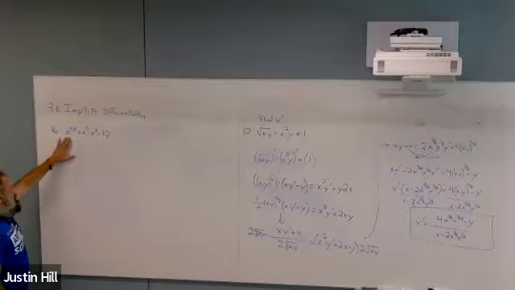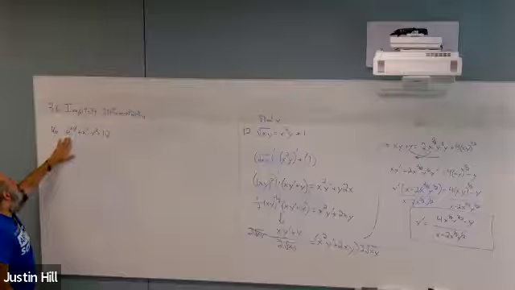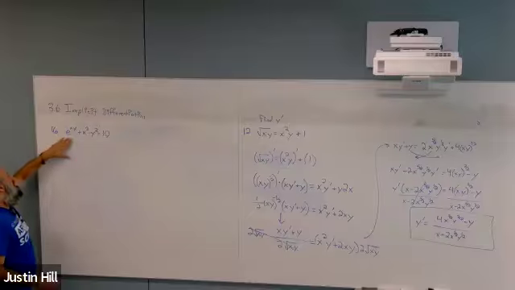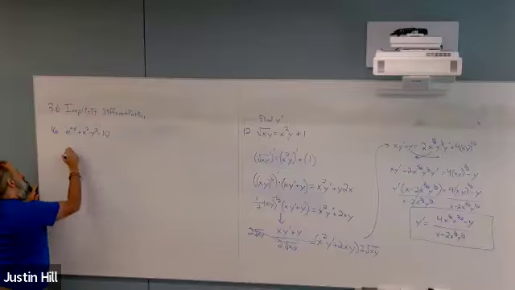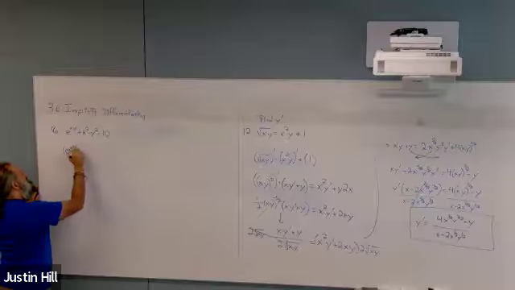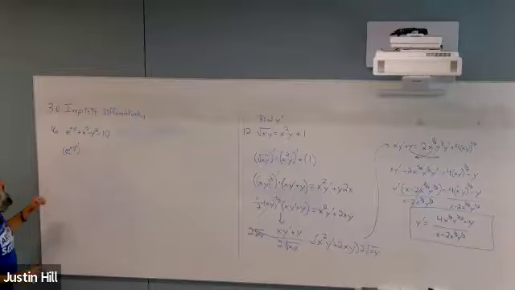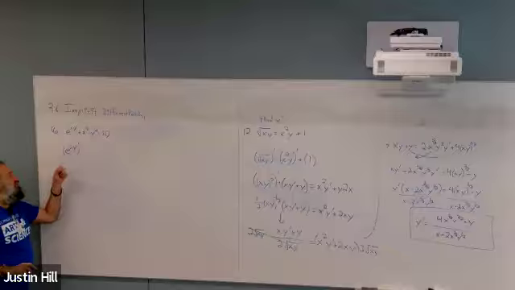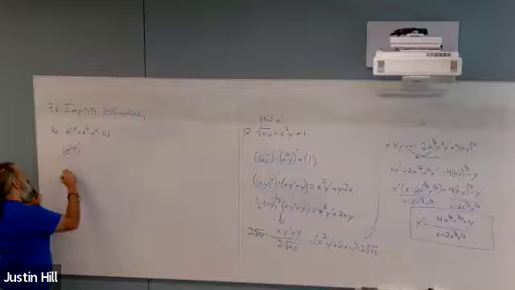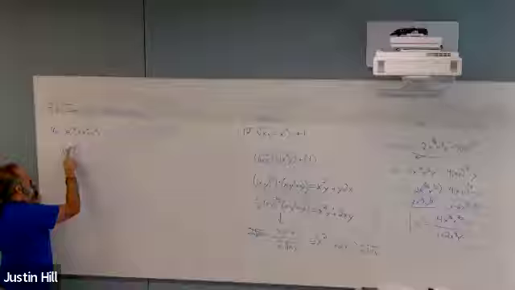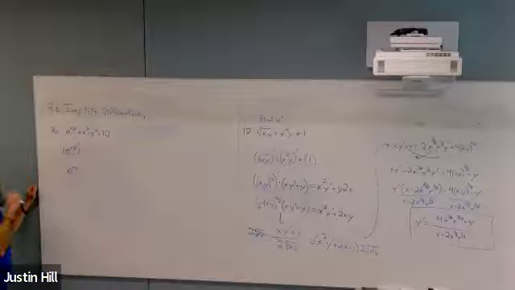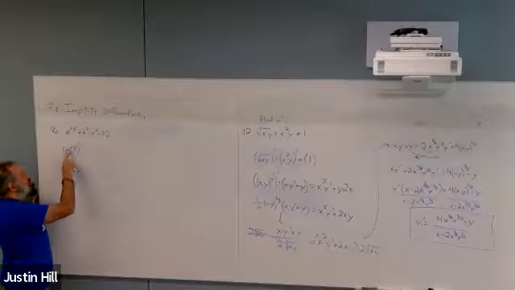Like I was mentioning, let's attack the worst thing first. We need to take the derivative of e to the xy. That's going to be chain rule. So the result there is e to the xy, but then I have to multiply it by the derivative of xy. That itself needs the product rule.